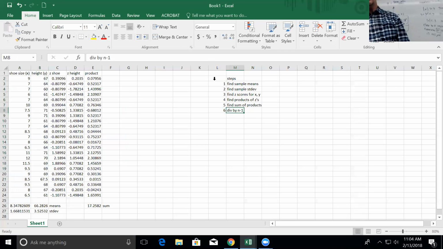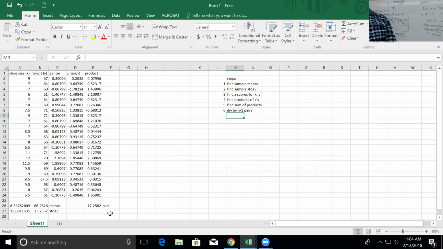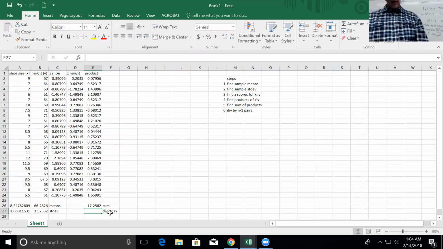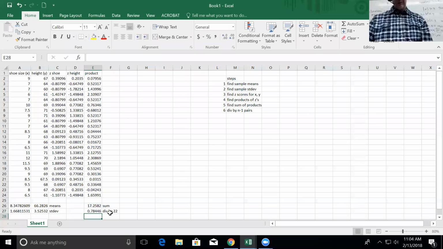So this is going to be n minus 1 pairs. Okay, so in this case, I'm going to divide by what? 22, n minus 1. Okay? And so I'm going to take this and I'm going to divide by 22, which works out to be 0.78.